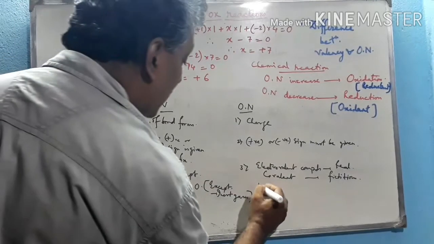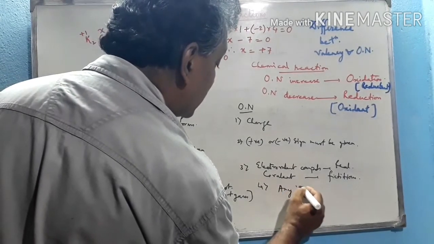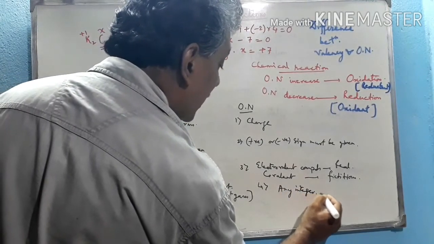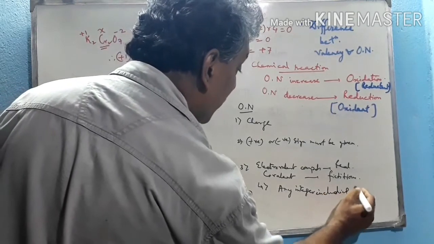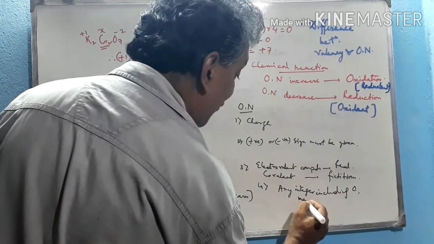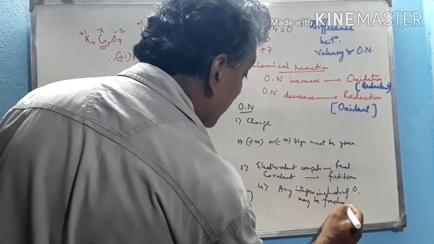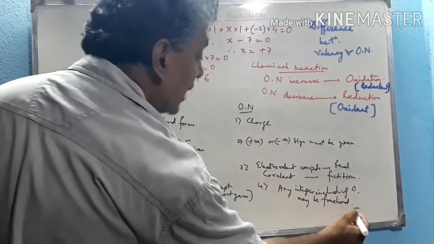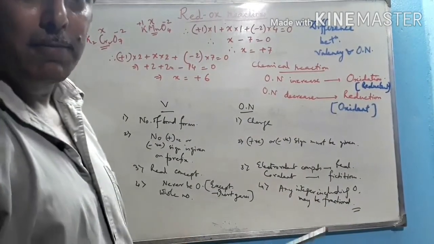But oxidation number may be any integer including zero, and may also be a fraction. So these are the differences between valency and oxidation number.